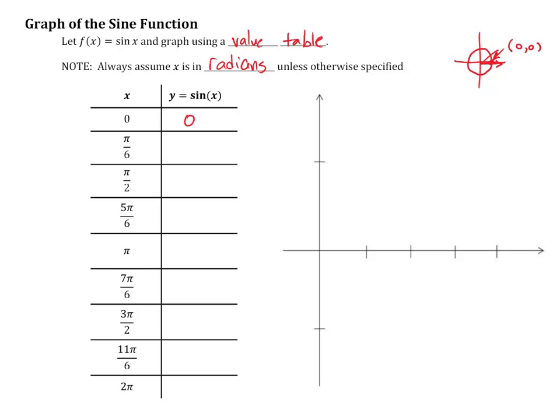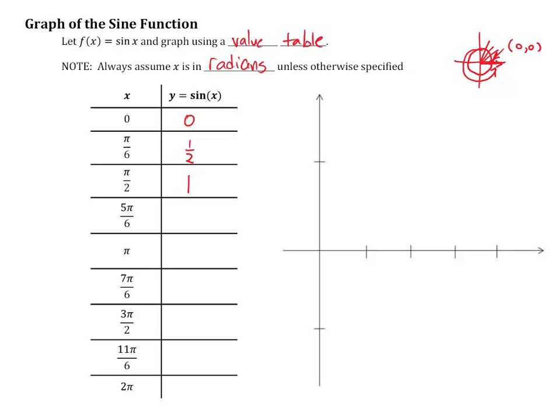And as we move around the unit circle, looking at different values as we go around, you've seen the unit circle that we use for definitions of trig functions. We're going to see that as we do pi over 6, that turns out to give us a 1/2 value out for y. If we take sine of pi over 2, that's 1.